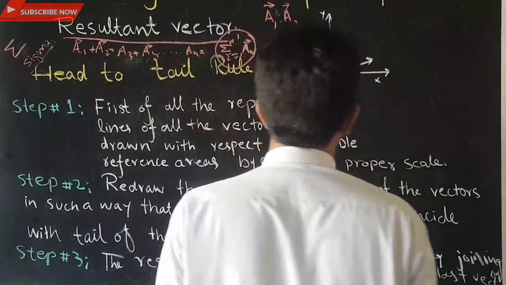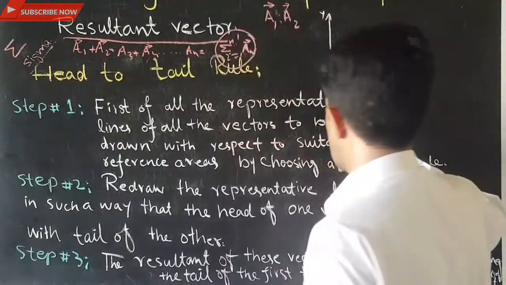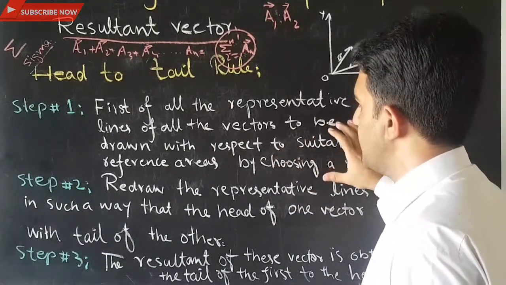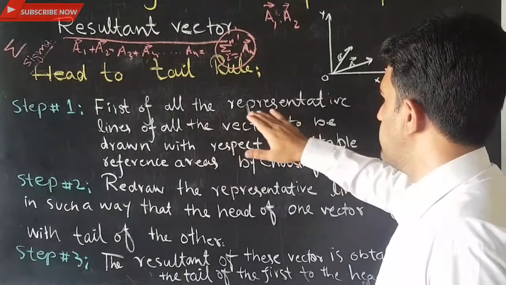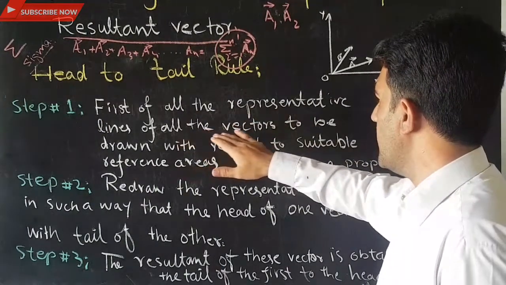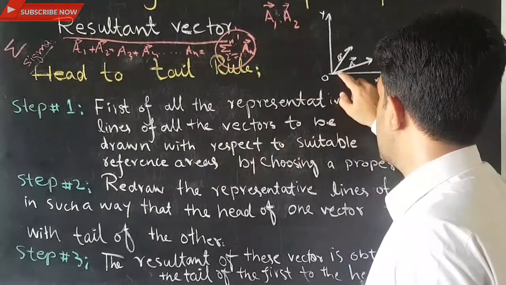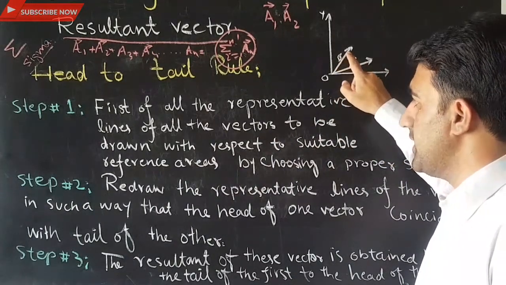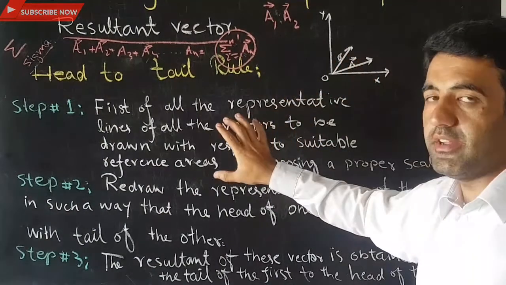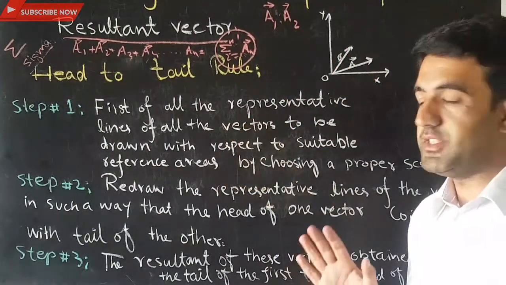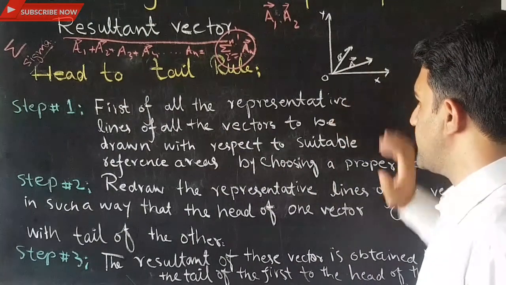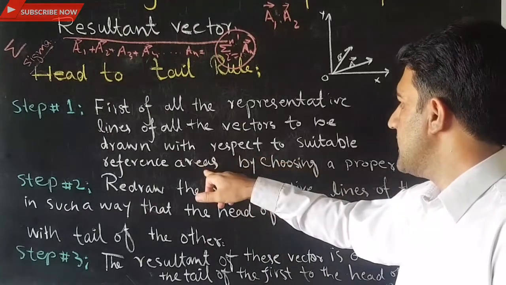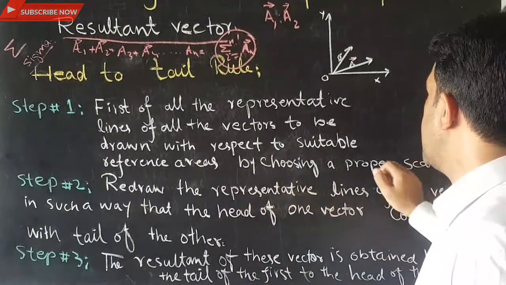So according to step number one, I have fulfilled these two points: first of all, the representative lines of all the vectors are to be drawn. This is the representative line for vector A, and this is the representative line for vector B. Next, with respect to suitable reference axes, by choosing a proper scale.